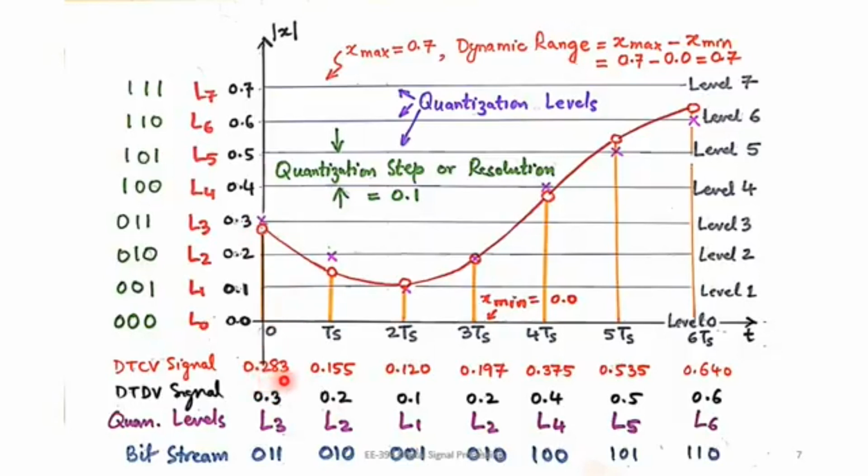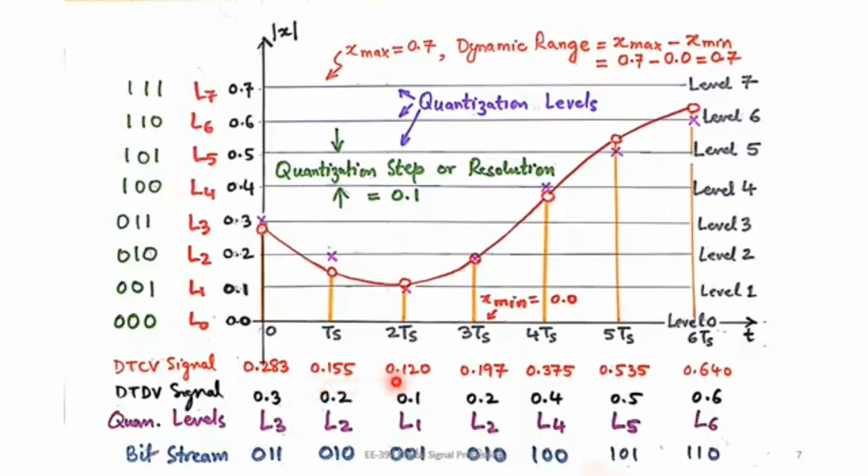The second sample will be taken after a period of Ts seconds and its value is 0.155.